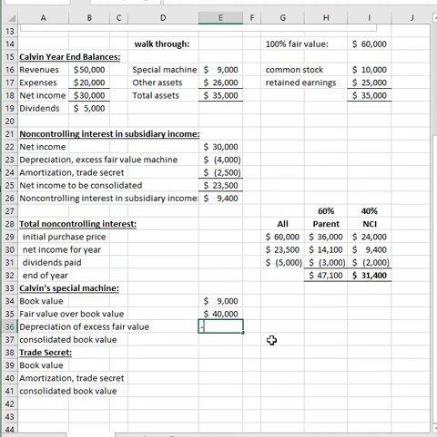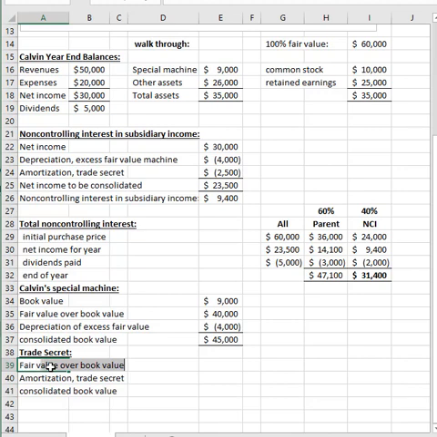All right, and then we would subtract out the amount that we depreciated this year. And so then we would add that up and get what the balance sheet for that machine will be reported on the consolidated. And then, of course, there was no initial book value on the trade secret.